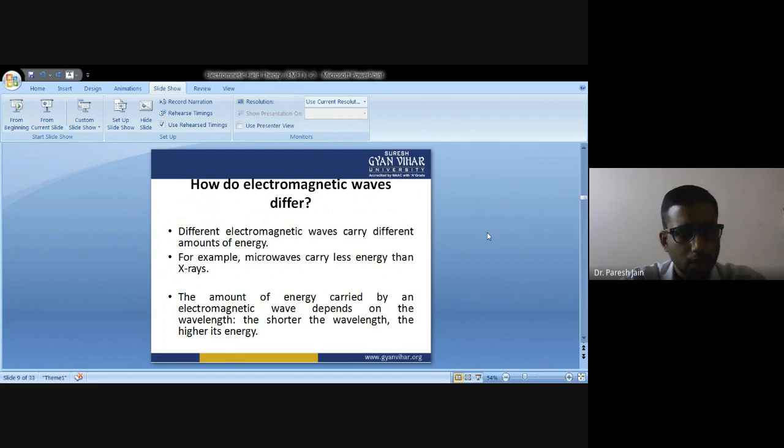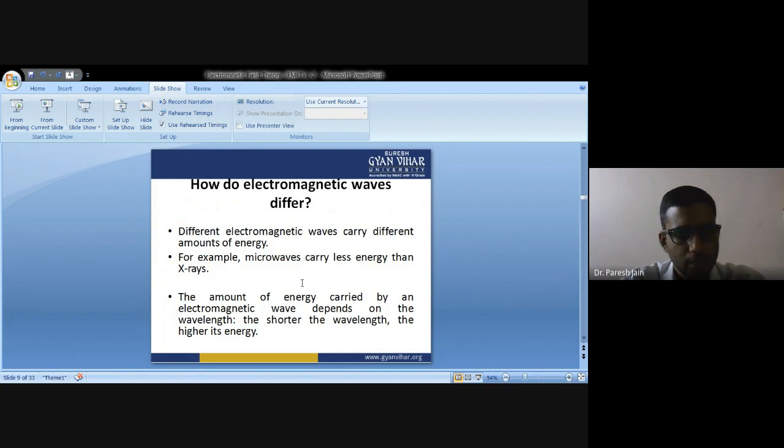For example, microwave carries less energy than the X-ray because microwave has less frequency than the X-rays. So microwave carries less energy as compared to X-rays.